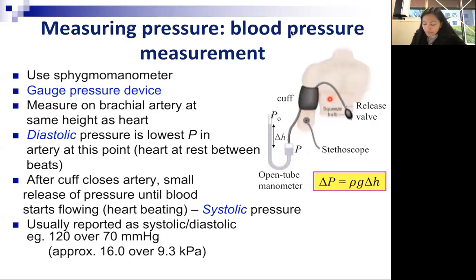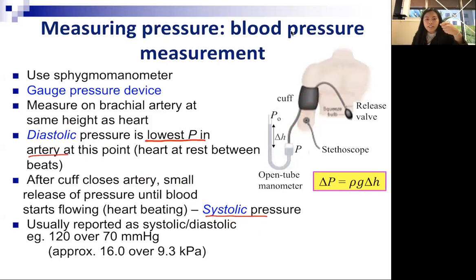Okay, in terms of blood pressure, there are two kinds of pressures, the diastolic pressure and the systolic pressure. The main difference between the two is that the diastolic pressure is just the minimum or the lowest pressure in the artery. And the systolic pressure, you can think of it as the maximum pressure.